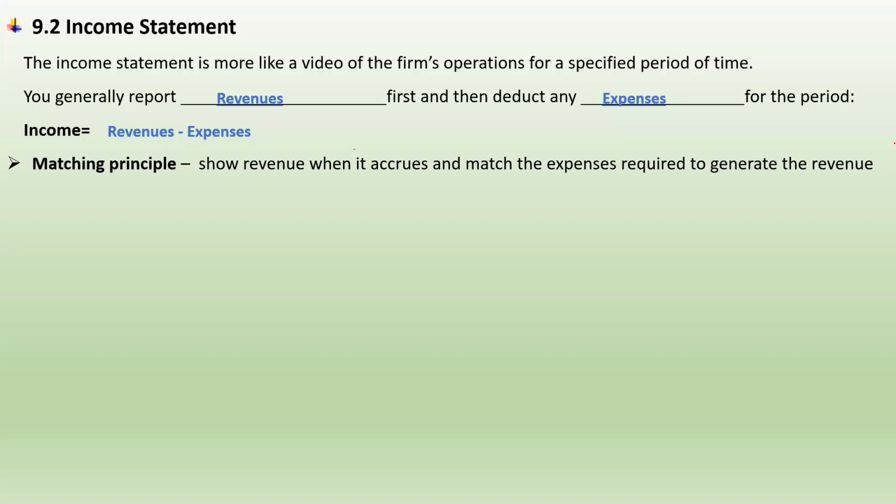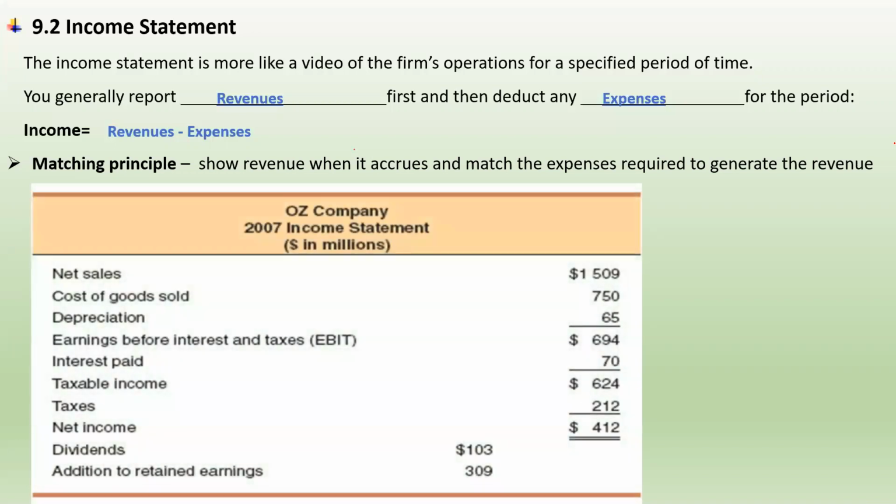However, because you recognize the revenue in your income statement, you have to put the expenses into the income statement, even if you didn't pay it. That's called the matching principle.